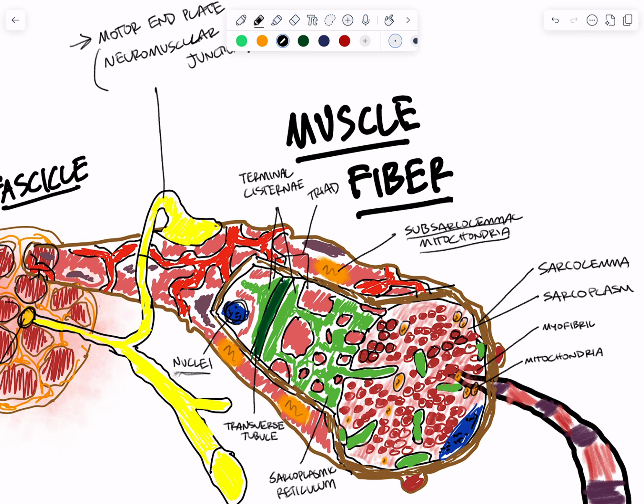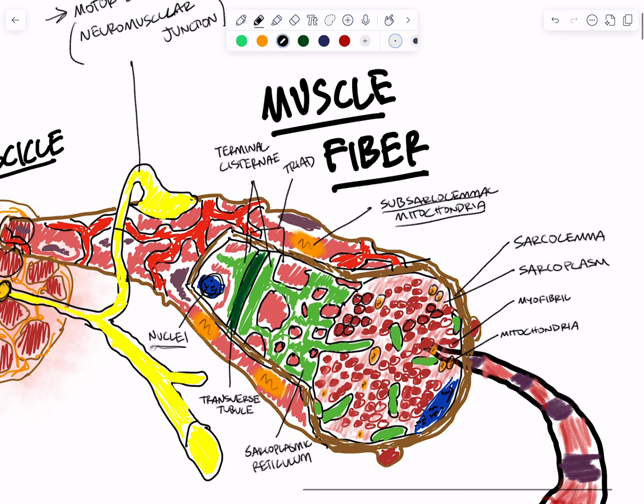Remember, skeletal muscle is multinucleated. And we also have our sarcoplasmic reticulum in this light green. And on the sarcoplasmic reticulum, we also have our transverse tubule. And on each side of the transverse tubule, we have terminal cisternae. And together, they make up what is known as the triad.